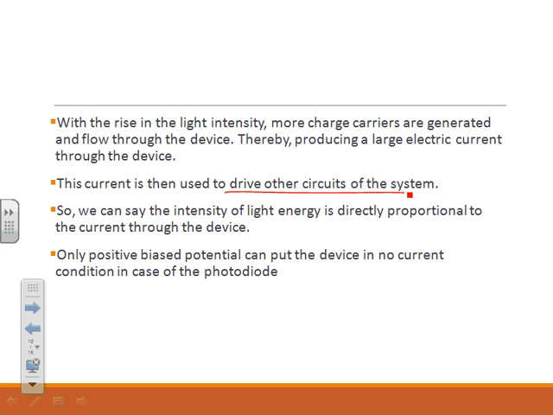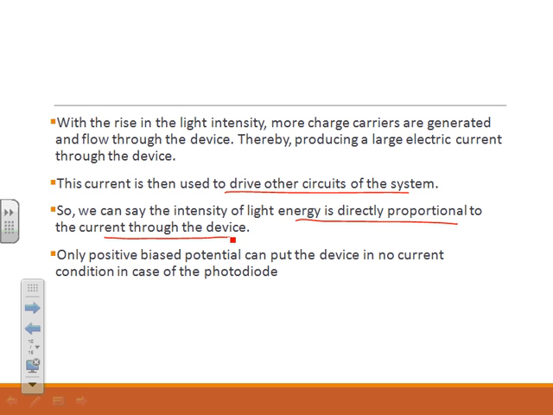When light is received, electron hole pairs are generated, and these electron hole pairs flow through the junction, and thus current flows through the device, and this current is used to drive the circuits of the system. So we can say the intensity of light energy is directly proportional to the current through the device.